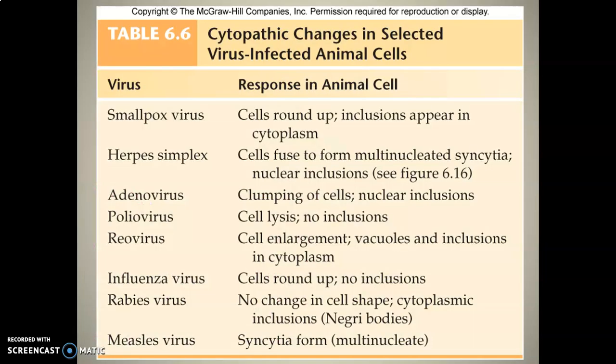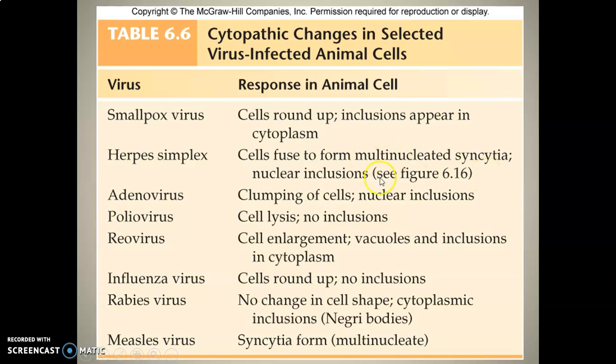Now, don't worry about memorizing cytopathic effects for different diseases, but I just want you to be aware of some diseases that have these cytopathic effects. Cells that are infected with a smallpox virus look very round. They have multiple inclusion bodies. Adenoviruses have nuclear inclusions.